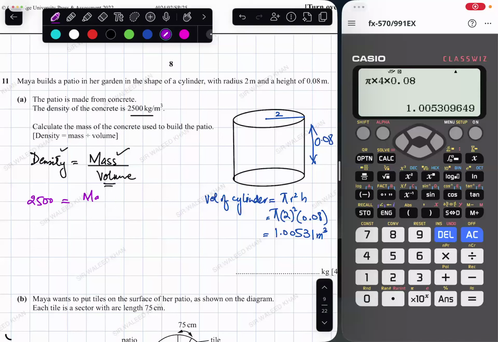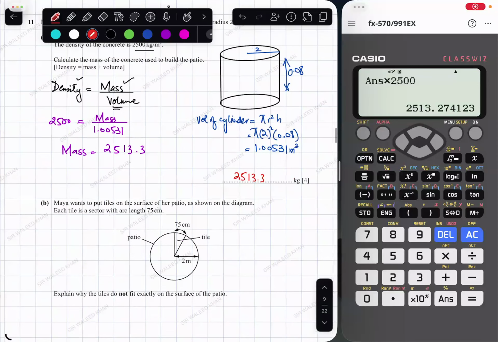Mass can be figured out from here. Volume is given. The mass is 1.00351 times 2500. So 2513.3, 251.13. So you can answer it as 2513 as well, or as it is. A 4-mark question, do not skip steps over here.